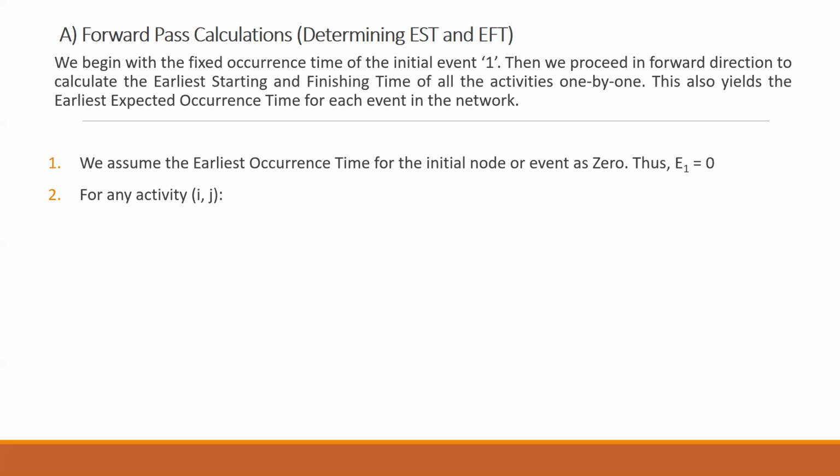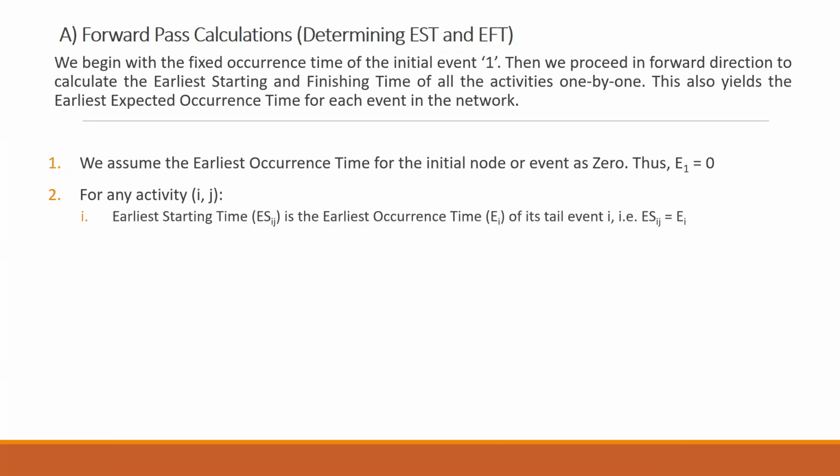This 0 plus the time duration for activity 1, 2. Let us say the activity time is 5. So 0 plus 5 will give me the EF value, EF for 1, 2, the earliest finishing time.